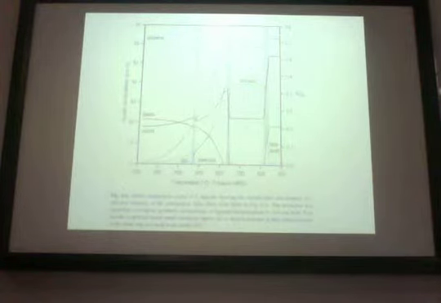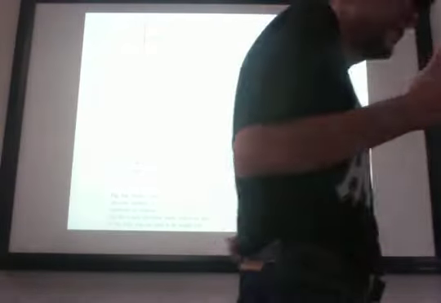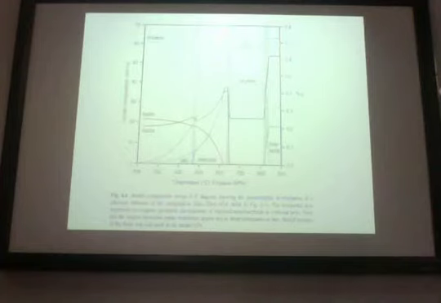And why do you think you have K-feldspar here and not here? That is because in the tonalitic melt that crystallized, you did not have potassium before.